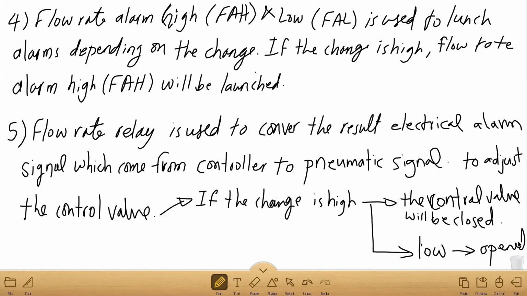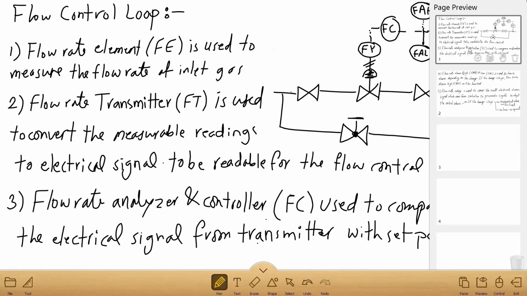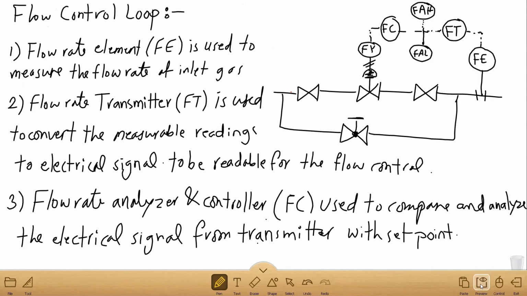To be honest, the same description can be applied to temperature, pressure, and level. For example, if we want to go here, as in the presentation, we have TE, maybe the temperature transmitter, TH, TAL, TST for temperature.